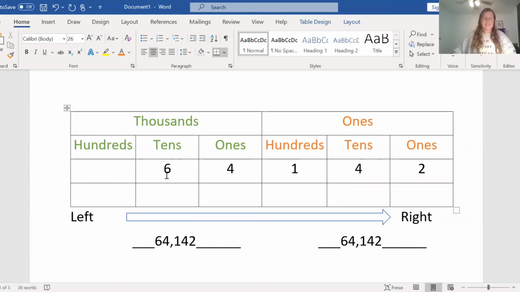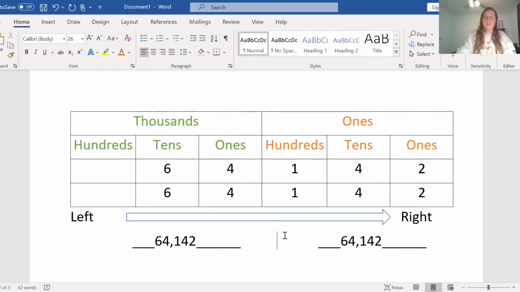So here I've got 64,142. And down below, I'm going to fill in that second number too, 64,142. By looking at the place value chart, we can see that it has the same value in each place.